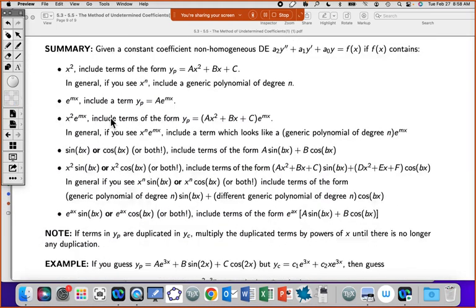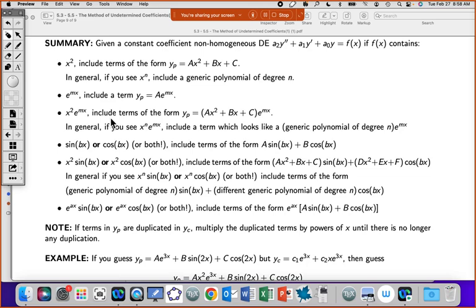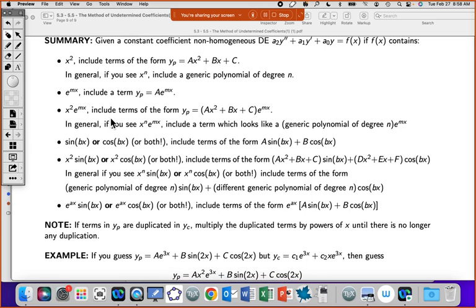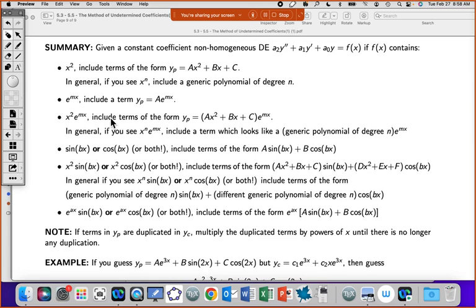Okay, so there's an old saying, one of the mantras I enjoy the most: the more you understand, the less you have to memorize. This is sort of the recipe sheet for undetermined coefficients. Like, if f of x contains an x squared, then your yp is x squared and all the things below it.